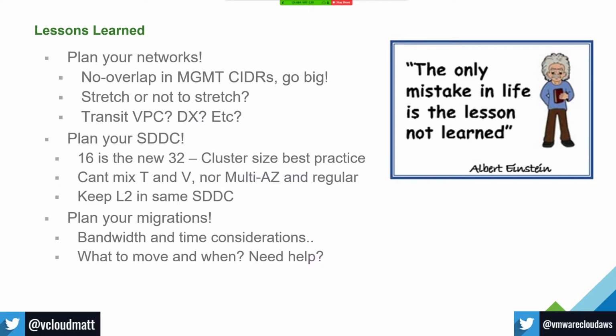Generally, we recommend trying to move a network segment at a time to prevent traffic hairpinning and latency issues. That's one of our ways, but there are a lot of different reasons why you would move specific apps before other apps. And we have great tools like Network Insight and vRNI on premises to look at what's talking to what.